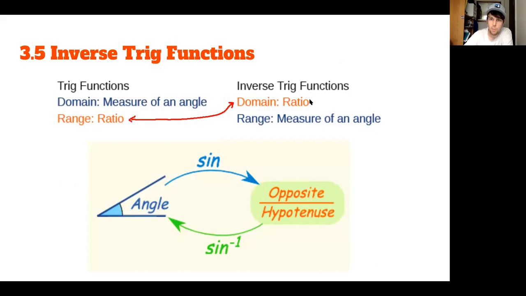Notice how the domain of our inverse is the range of our regular function, and the other one switches also. The domain of our regular trig functions is the range of our inverse. There are some small issues with this that we're going to run into that have to do with the definition of a function, but we'll touch on those in a little bit.